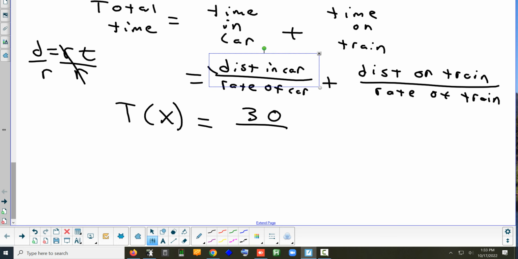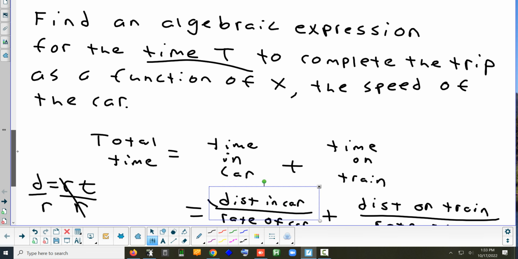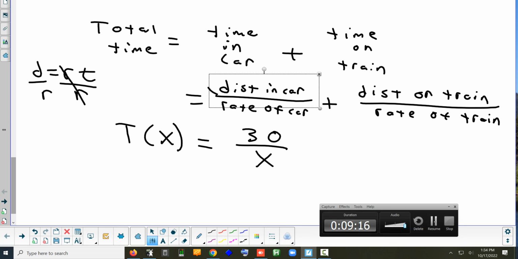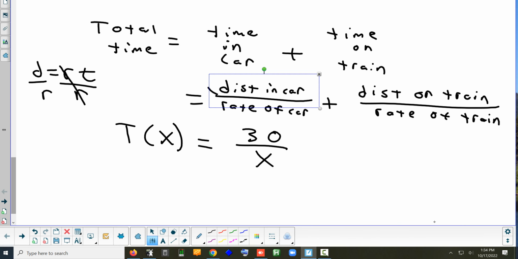What's the rate of the car? We don't have a number for it, but they did tell us what to use for it. It's X. X is the speed or the rate of the car. So distance in the car was 30 over the rate of the car is X.